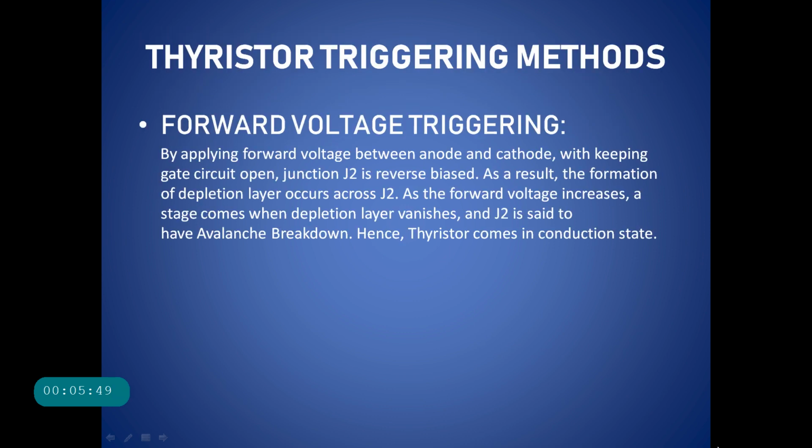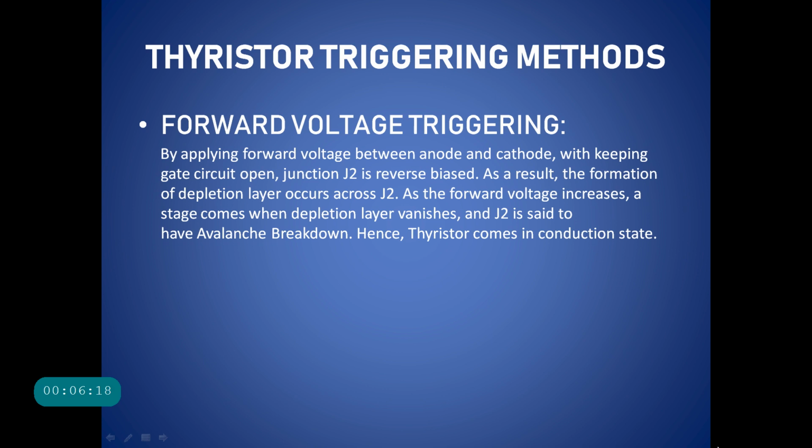Now let's move on to the thyristor triggering methods, which means the methods by which a thyristor can be turned on. The first one is forward voltage triggering. By applying a forward voltage between the anode and the cathode and keeping the gate circuit open, junctions J1 and J3 are forward biased and J2 is reverse biased, and hence a depletion region starts to form across the reverse biased junction J2.